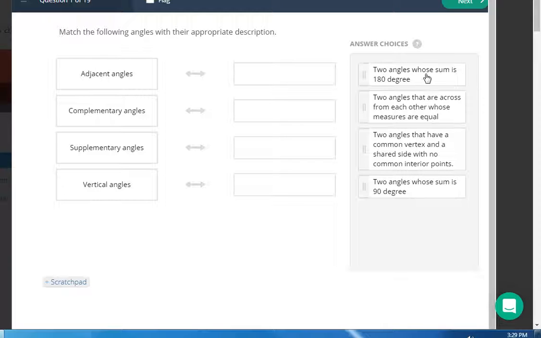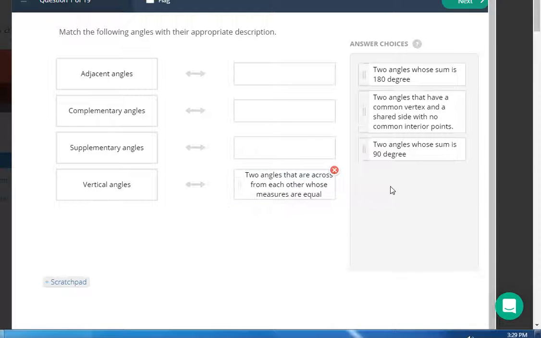Okay, so two angles whose sum is 180 degrees. We also have two angles that are across from each other whose measures are equal. Well, I think that one we go down here with vertical angles. Two angles whose sum is 90 degrees, and we also have two angles that have a common vertex and share a side with no overlap.